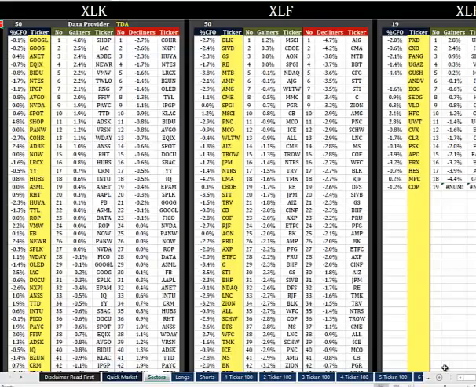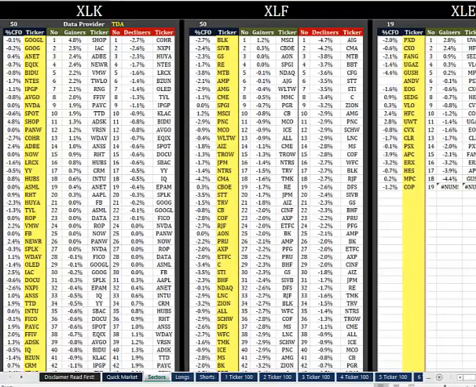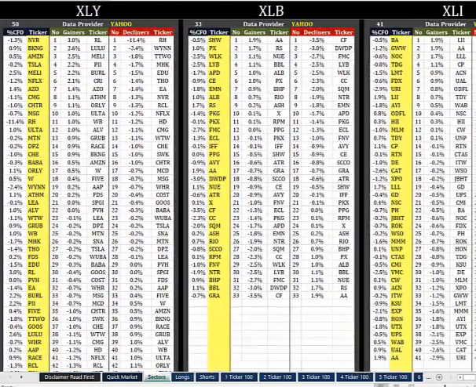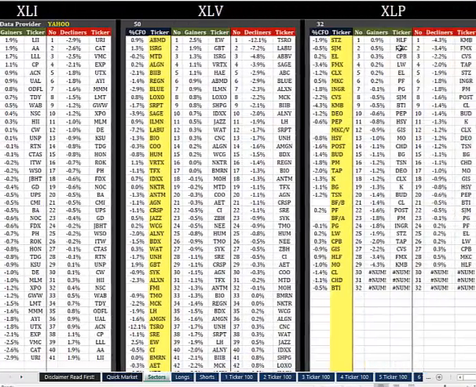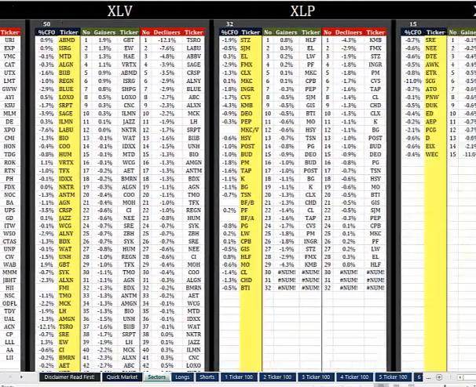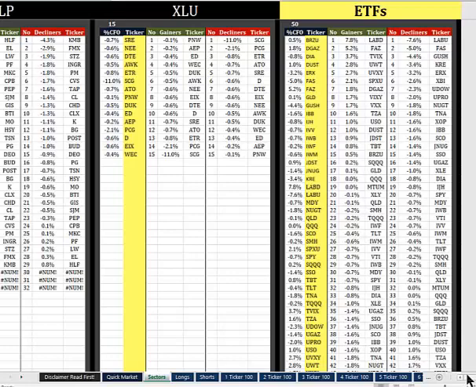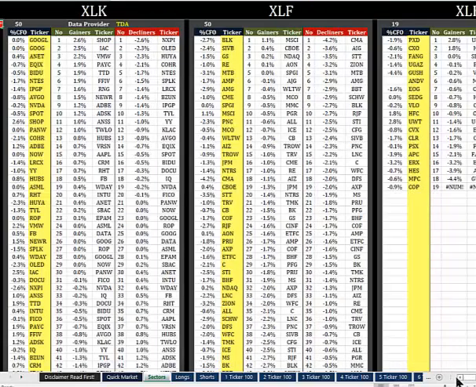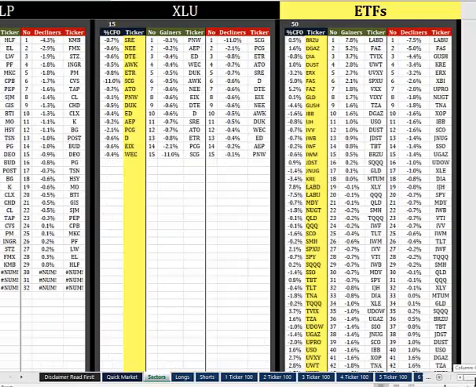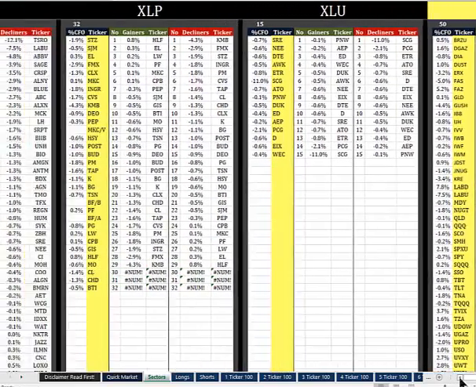Here's the sector list. I've got all the major sectors here. You see them at the top, the spider sectors, although they did just create a couple of new ones and I don't have those yet. And then the last column is just ETFs that I'm interested in, that I like. You can have up to 50 each, although you don't have to.